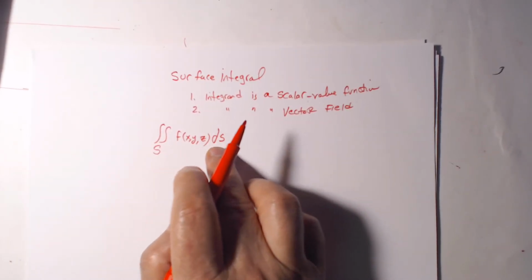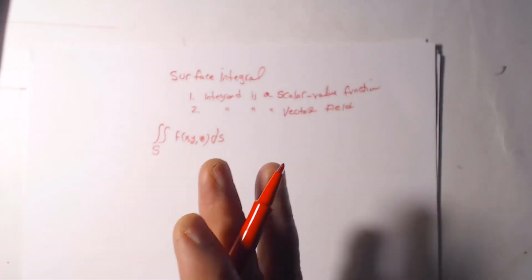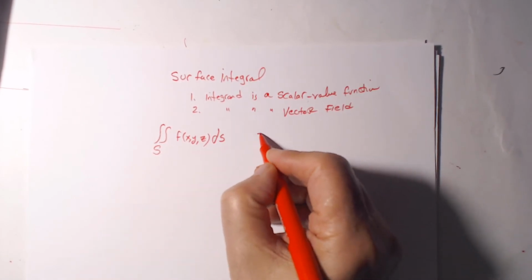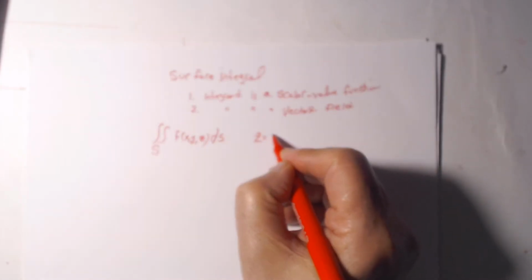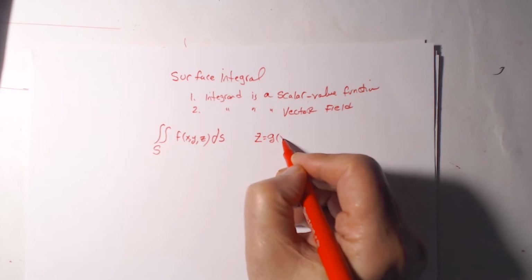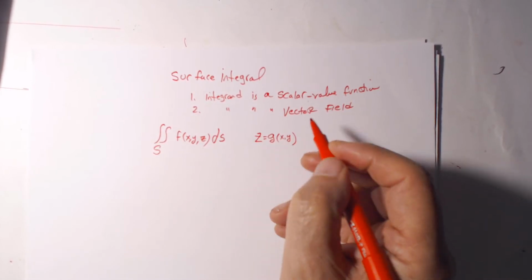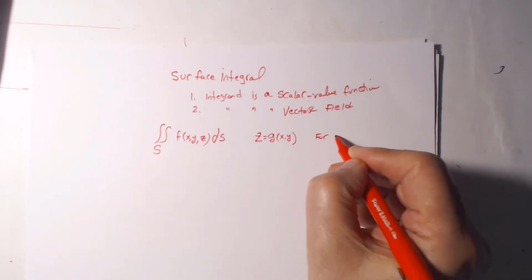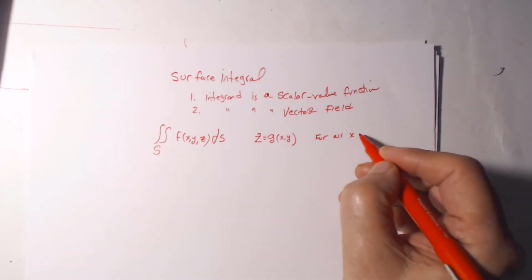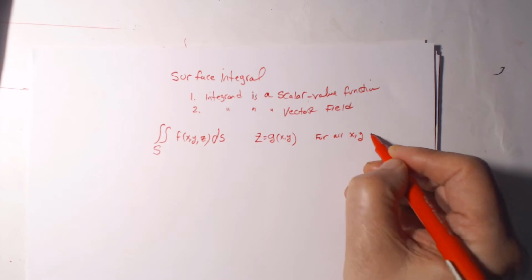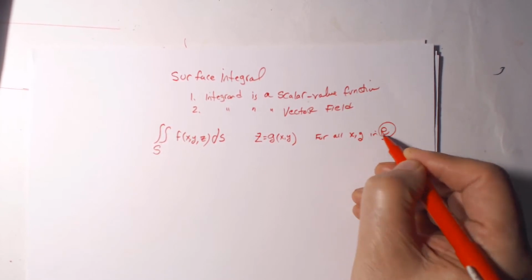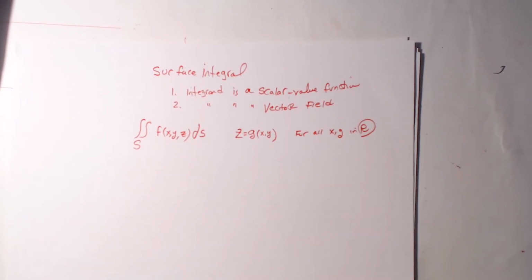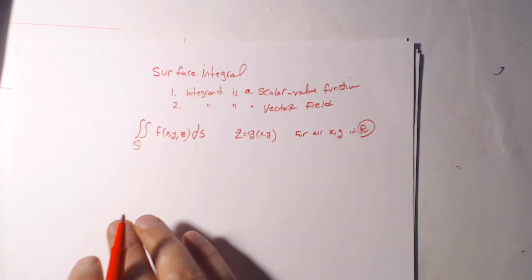That surface has to be smooth and continuous, and z must be a function of x and y for all the x and y values in the region which the surface is built on.